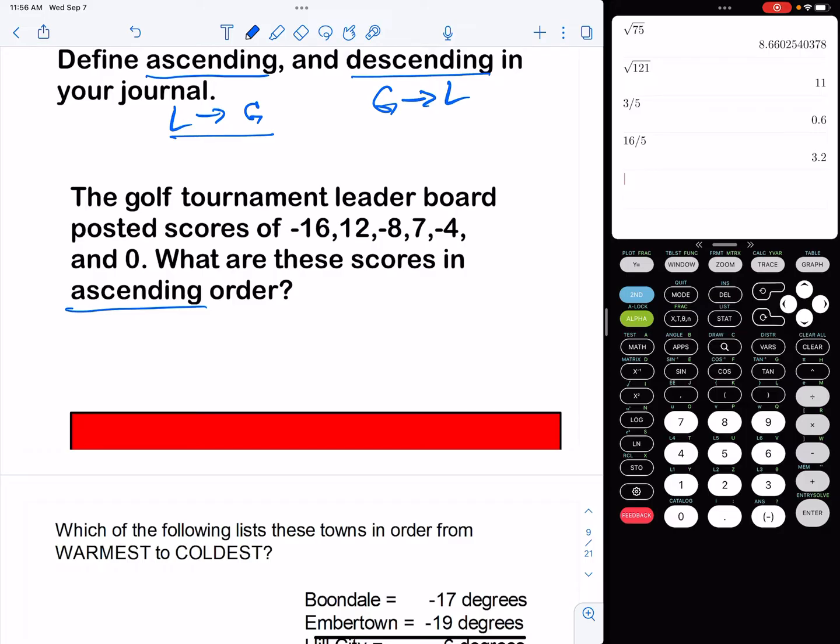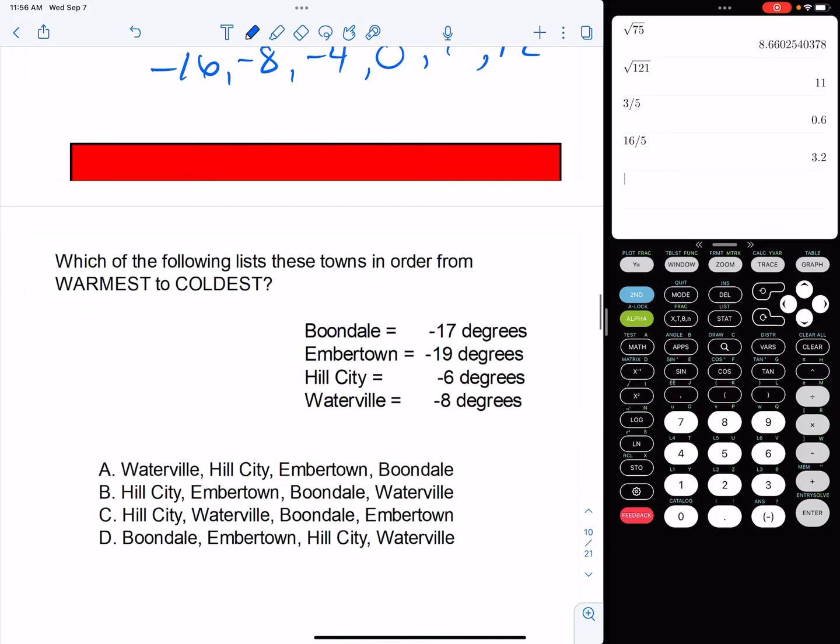If I want these in ascending order, least to greatest, I'm going to place the numbers on a number line, or at least in our head, and then write them down. So in this case, we would have -16, -8, -4, 0, because 0 is part of our number set, and then 7, and then 12. And now my numbers are in ascending order. Pretty simple. It's not very difficult.